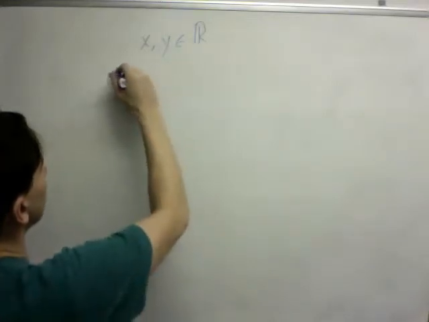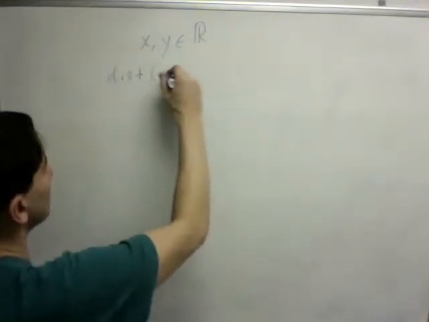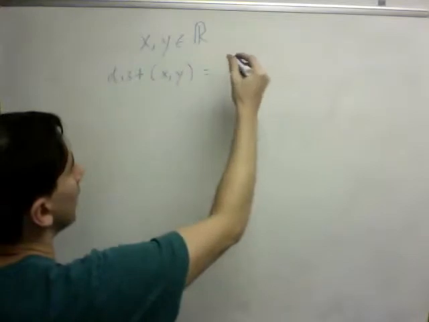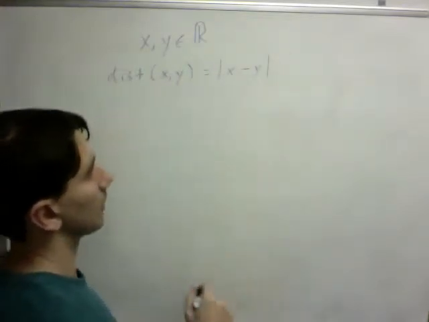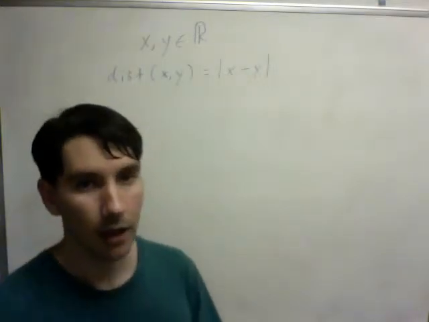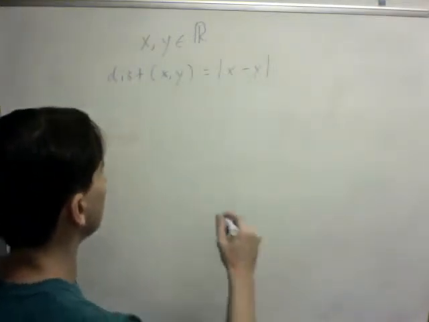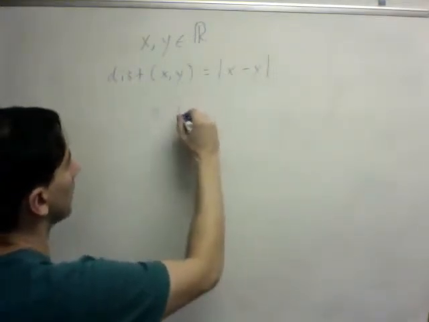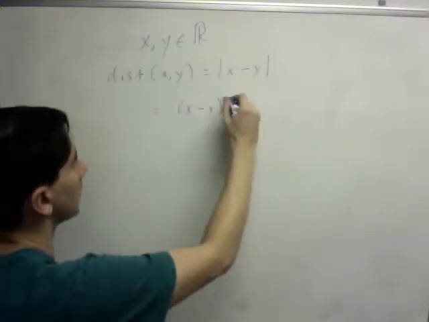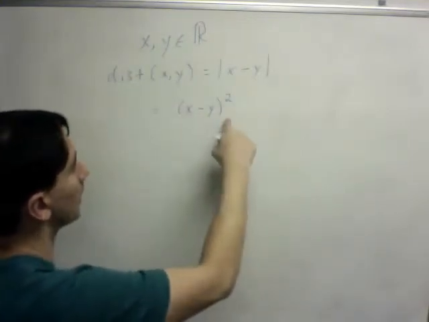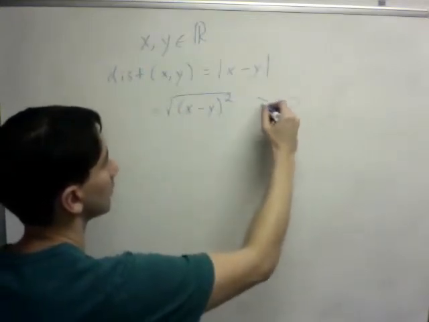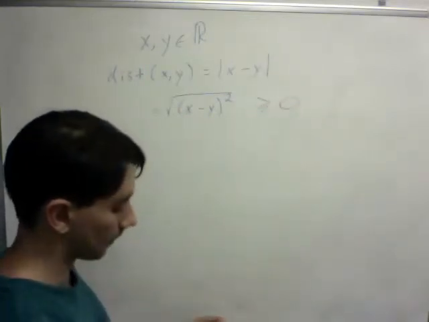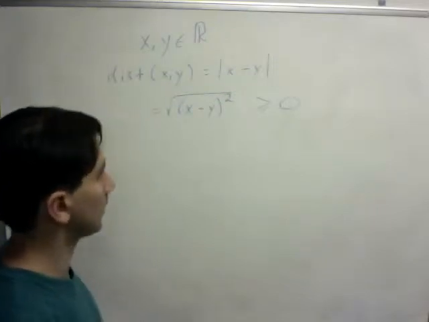Then usually the distance between x and y is something like the absolute value of x minus y. Right? That would be the distance between x and y. But another way to think of this is you could take x minus y, square that so it's a positive number, and then take the square root. So notice that this is always greater than or equal to 0.